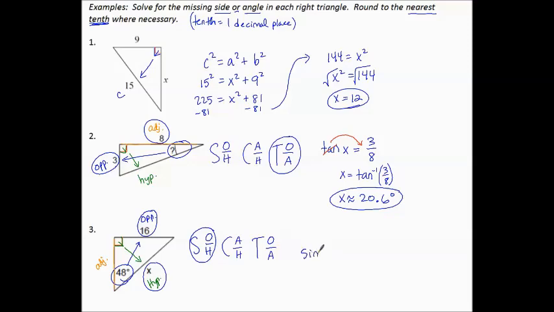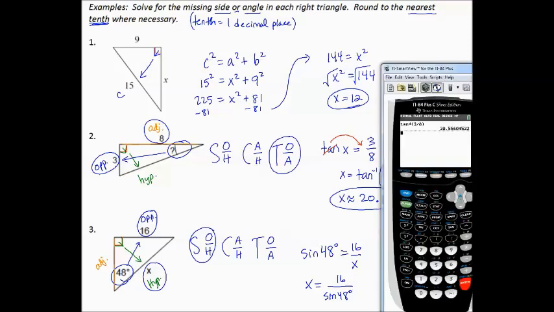So I will write sine of 48 degrees equals opposite over hypotenuse, so 16 over x. Remember that when x is in the denominator, we divide. So 16 over sine of 48 degrees, and now pull out your calculator.